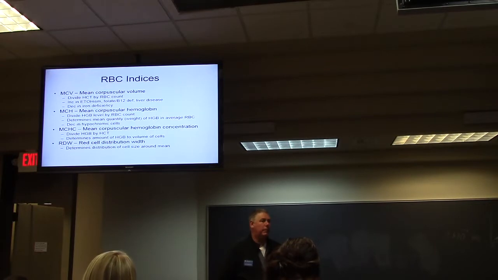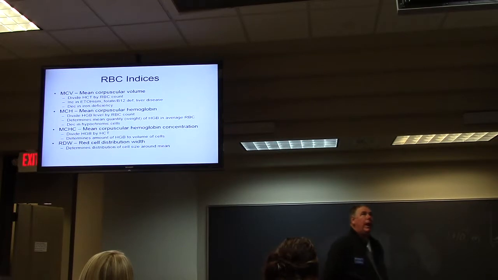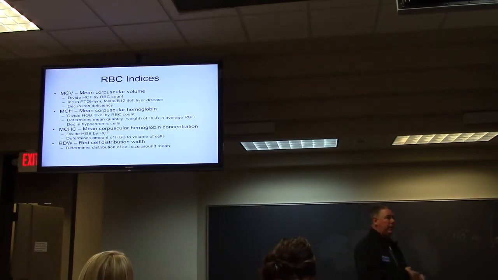Now, the mean corpuscular hemoglobin concentration is a little different than MCH. You calculate it differently anyway. It determines the amount of hemoglobin to the volume of cells, not per individual cell, but to the cell mass.